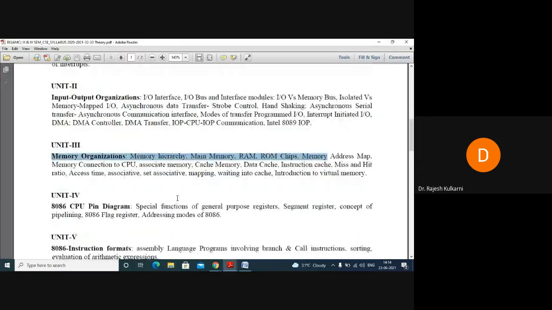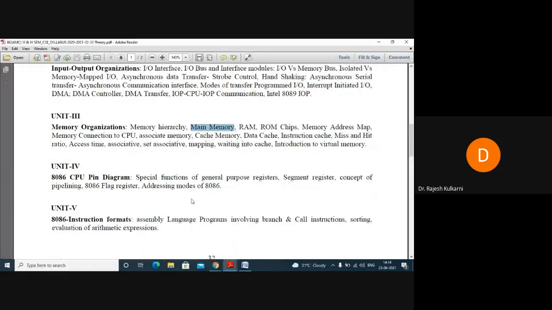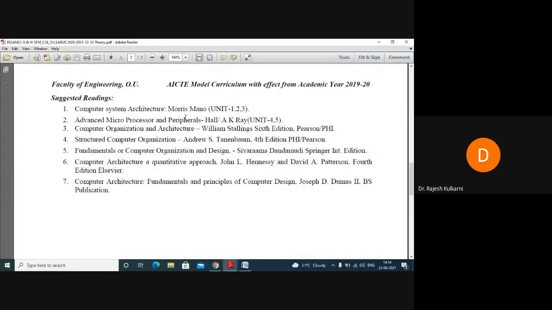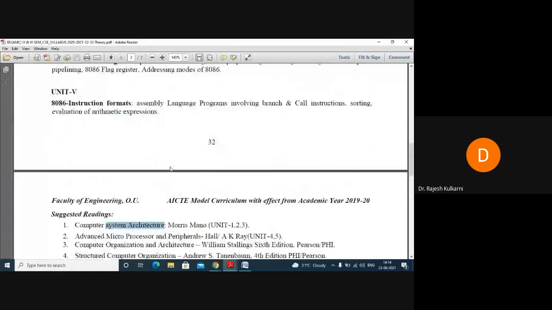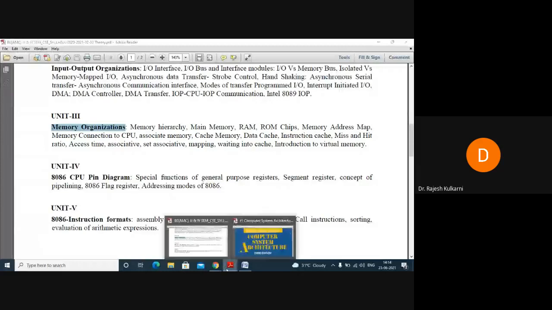Today's focus will be a topic from unit 3, and after your examination we'll go back and finish off these two topics, the CPU IOP as well as the Intel 8089 IOP. Now coming to memory organization, memory hierarchy, main memory, RAM, ROM, and so on, let us use our Morris Mano textbook of Computer System Architecture, 3rd edition, from the syllabus, and focus on memory organization.